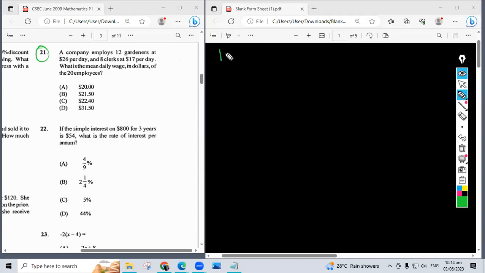So it's 12 gardeners, each of them getting paid $26. And for the clerks, it's 8 of them, and they're getting $17. So 12 multiplied by 26 is $312. And for 8 by 17, that's 136. So let's add that up.